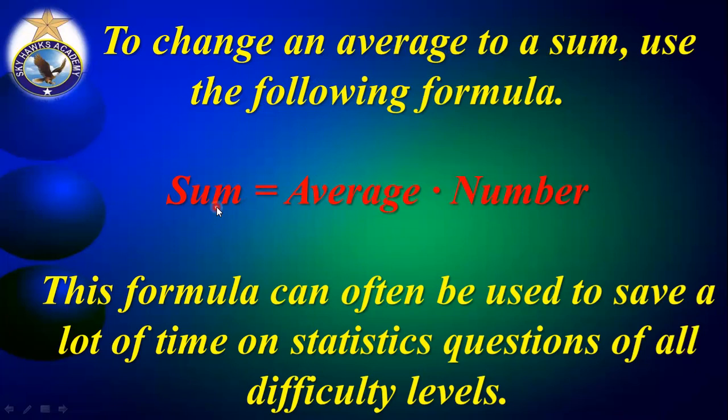If you are looking for the sum and the average is given, and you can count the number of objects, then you will have to use this: sum is equal to average multiplied by the number of items, the total quantity. This formula can often be used to save a lot of time on statistics questions of all difficulty levels.